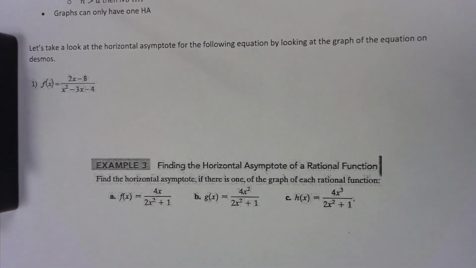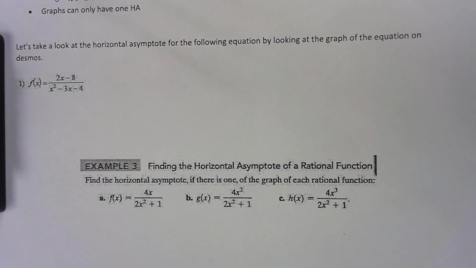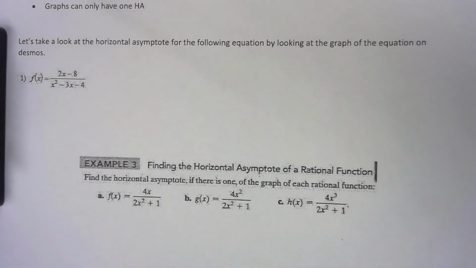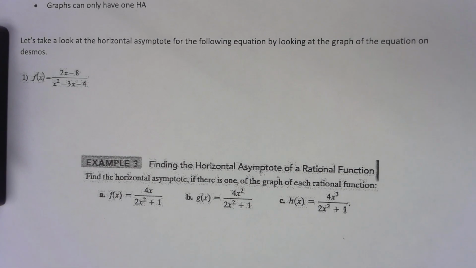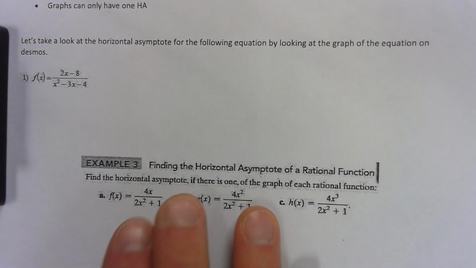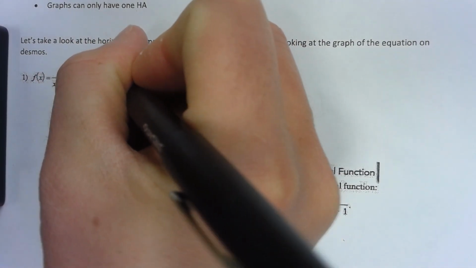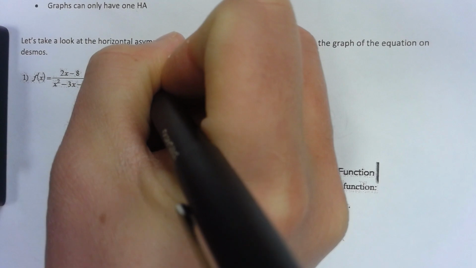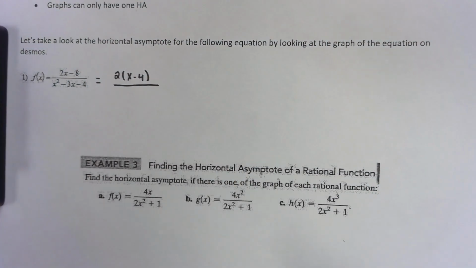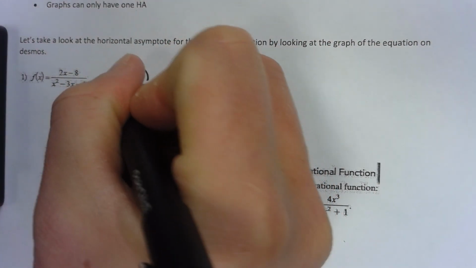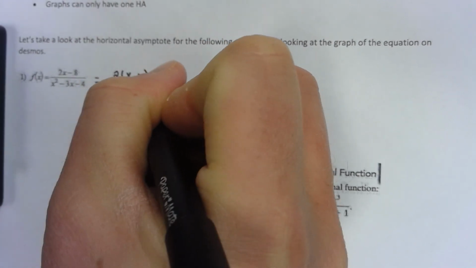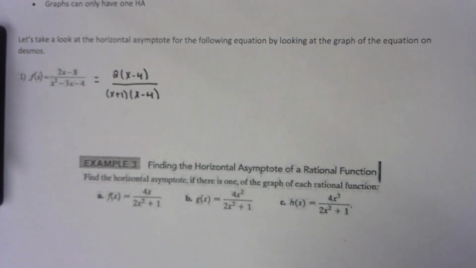All right, like yesterday, we're going to take a look at this graph on Desmos. Let's factor this, and let's also tie in what we talked about yesterday so we can see all these features on that graph. First thing is we're going to factor. So I get 2x minus 4. In the denominator, that factors to x plus 1 and x minus 4.